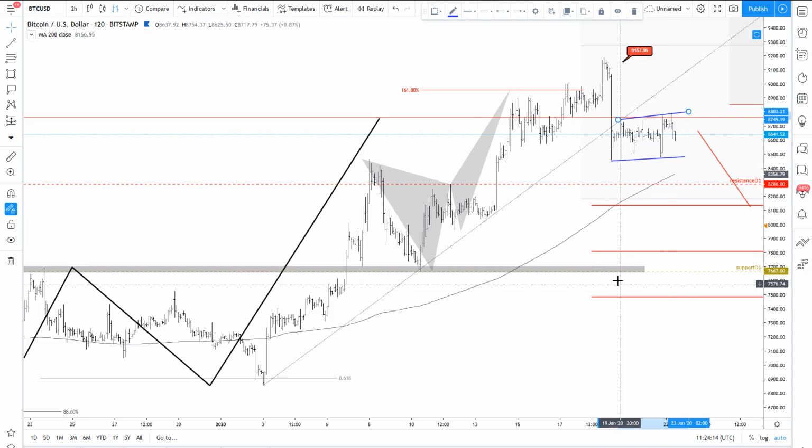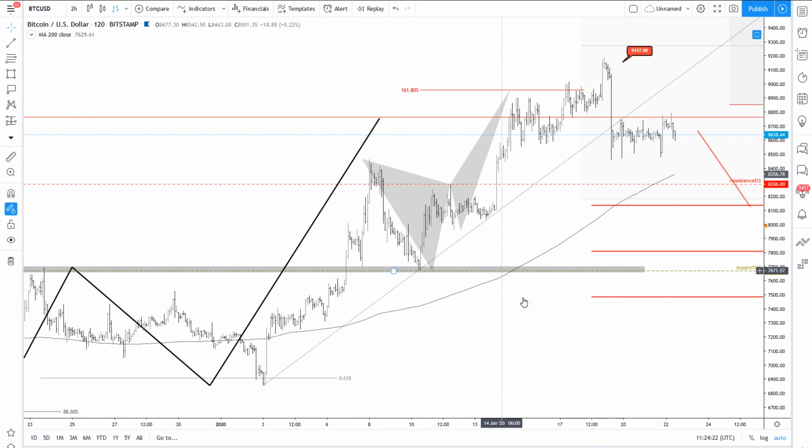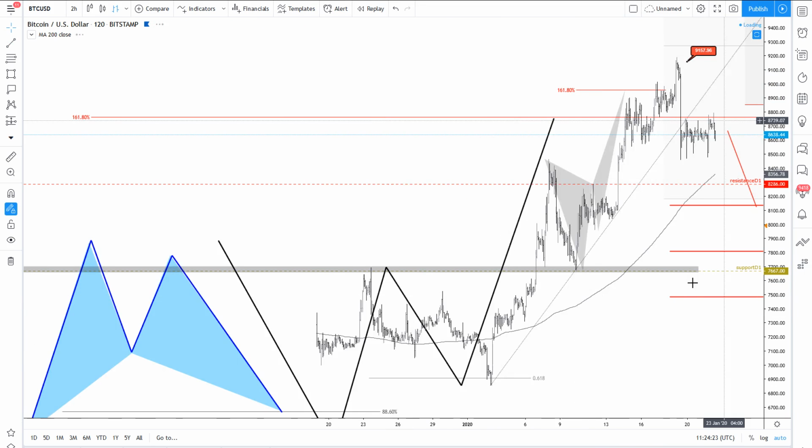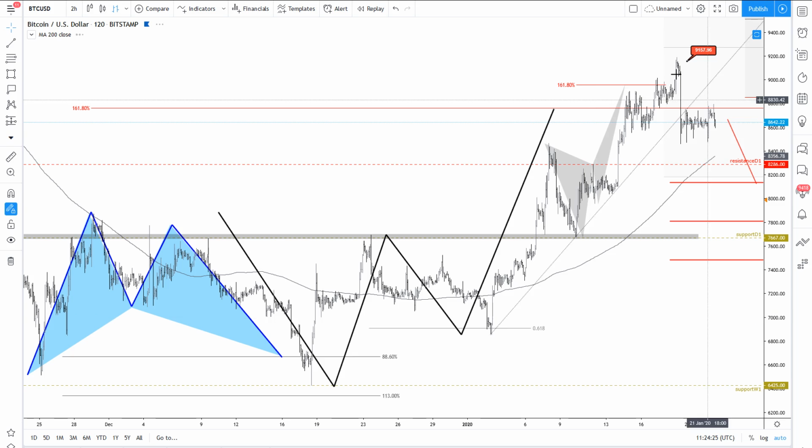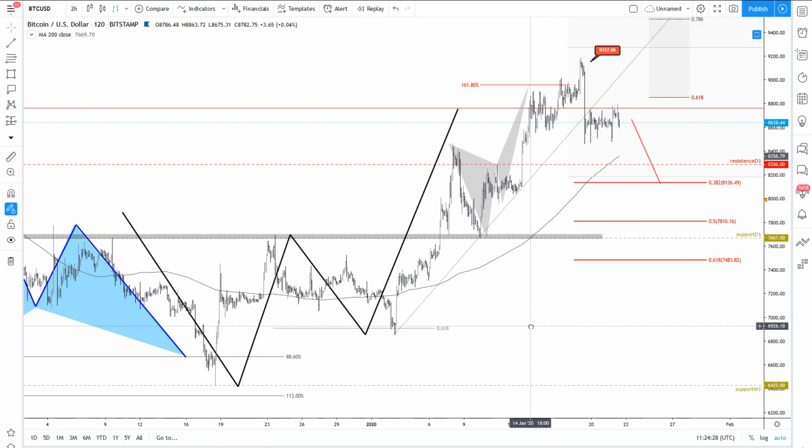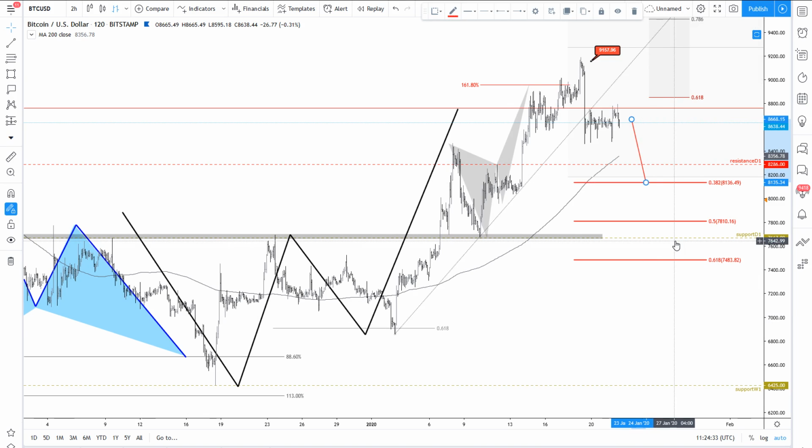There is always a minimum of a three wave structure inside the market, so we need to pay attention to that eventual new low for Bitcoin. So I'm still waiting for that to happen.